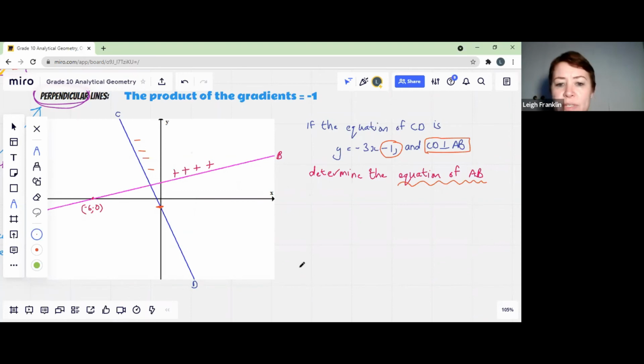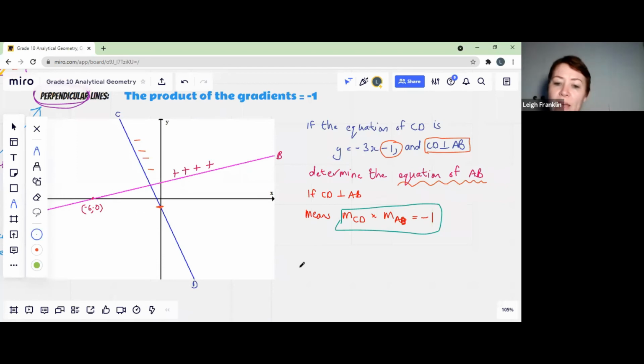So in other words, if line CD is perpendicular to line AB, it means that the gradient, so the letter M of line CD, times the gradient of line AB will always be equal to -1. So this is something that you have to learn, and you're going to use it.